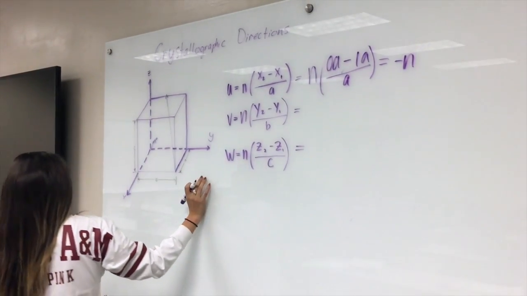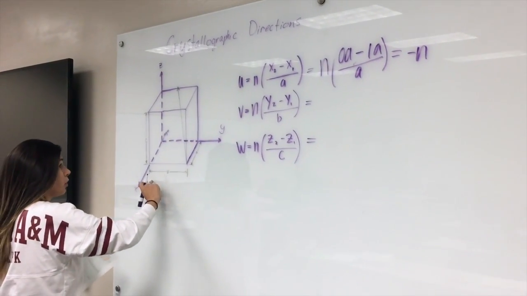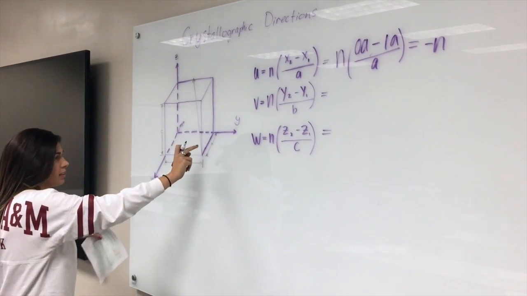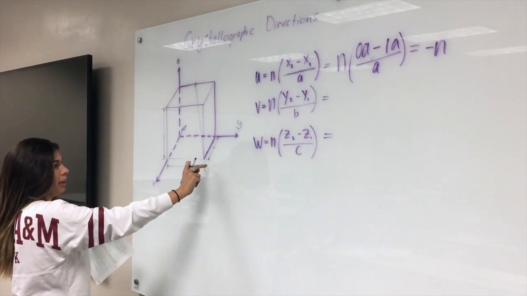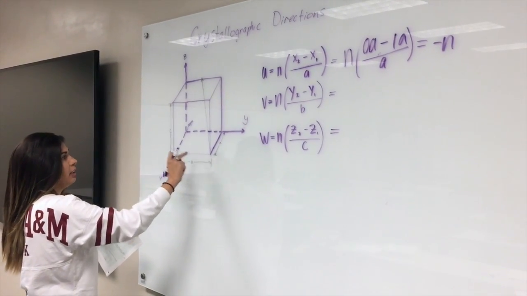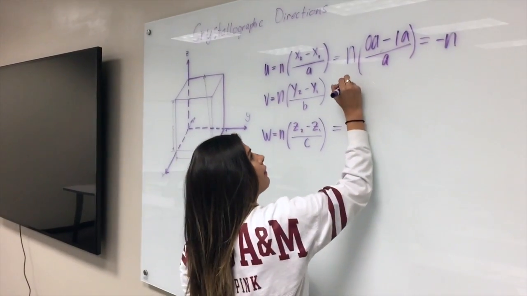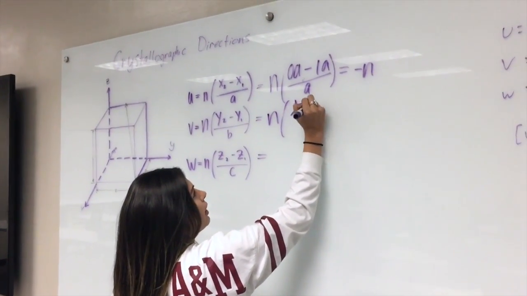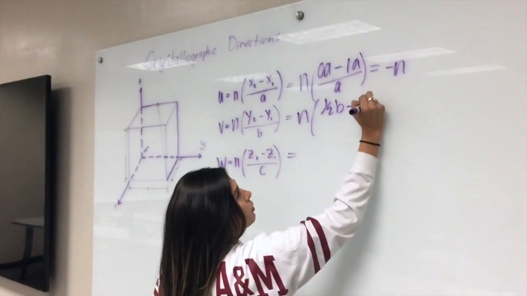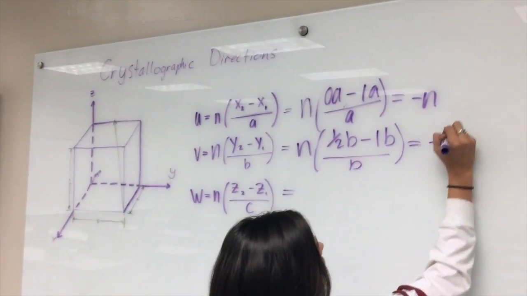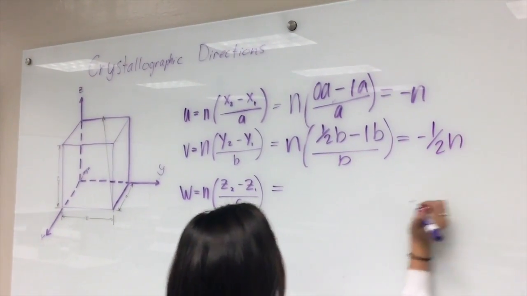Then we come to our y direction, which is going from positive 1 to negative 1/2. So then we would write it 1/2 b minus 1b all over b, which is going to give us negative 1/2 n.